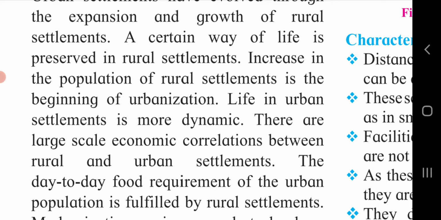Food is the main requirement. So to complete the needs of their life, the rural people move from rural areas to the urban cities and they settle there, due to which the population there increases, and it has the effect of converting the rural areas into metropolitan cities.